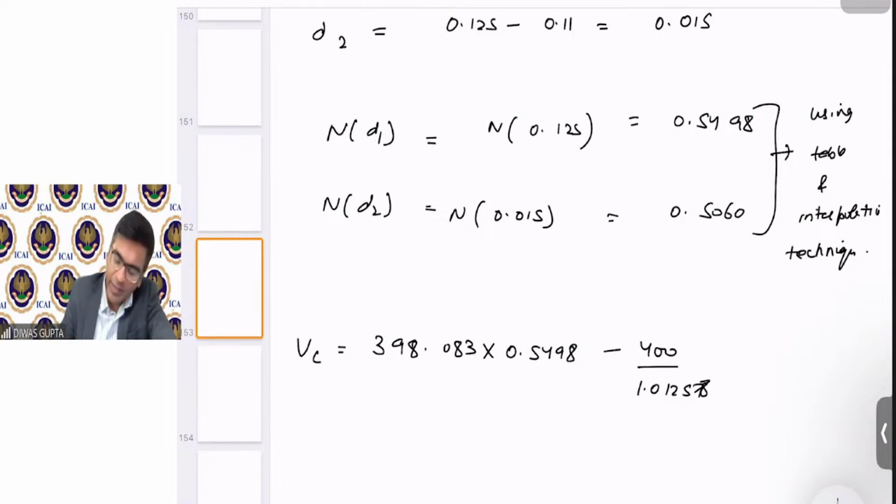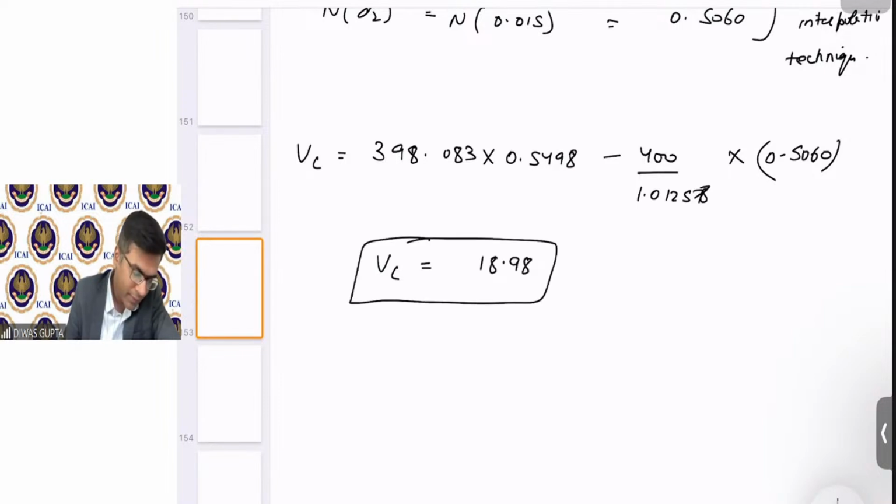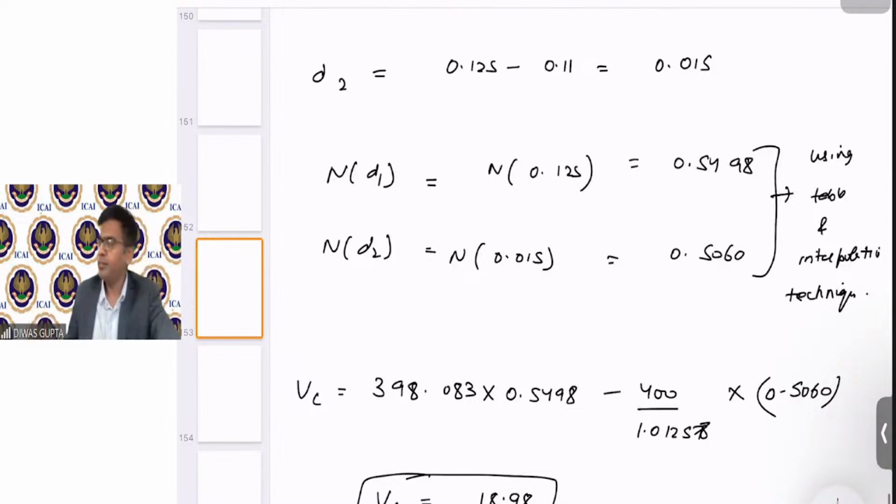So this, if we multiply, the value of call becomes 18.98, students. I hope this is clear.